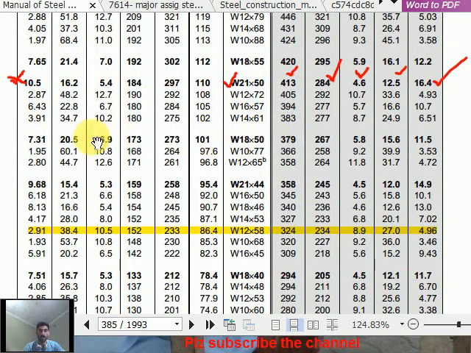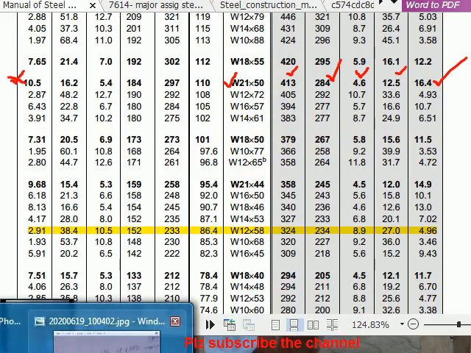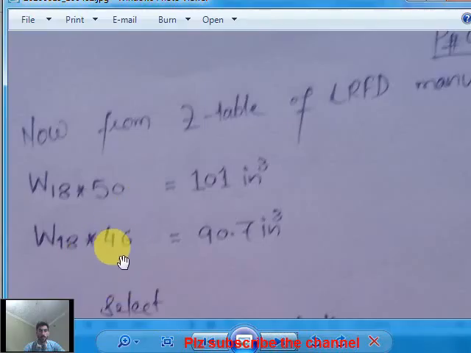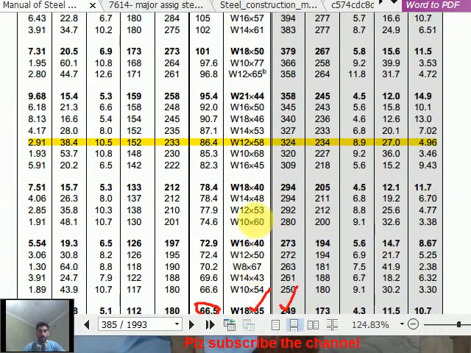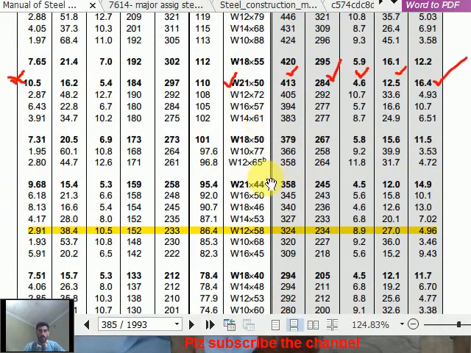This bold black color represents the lightest section, clear? And the next one is 18 50, and the next one is 18 46. 18 46 is a larger one, this one, but remember this is not the lightest section, and it has 90.7, clear?